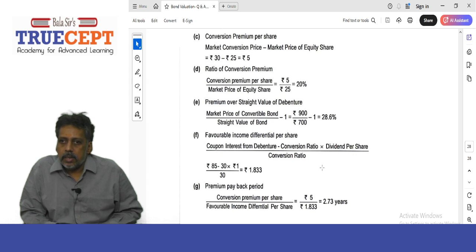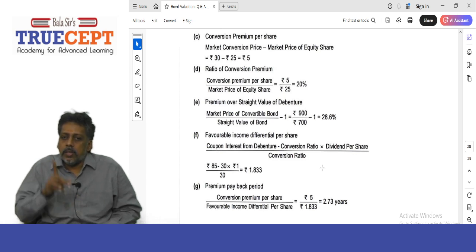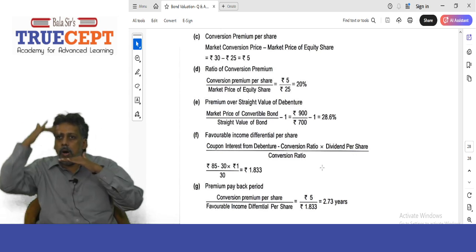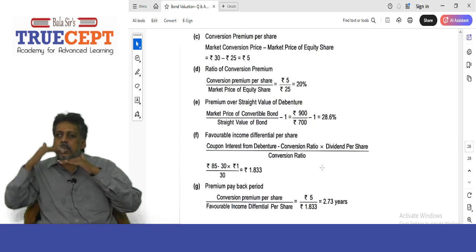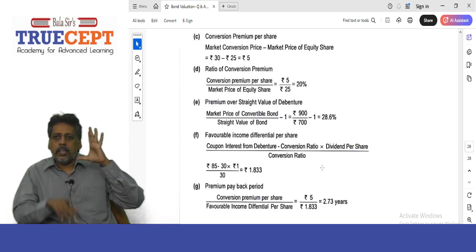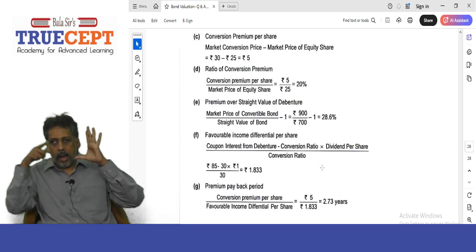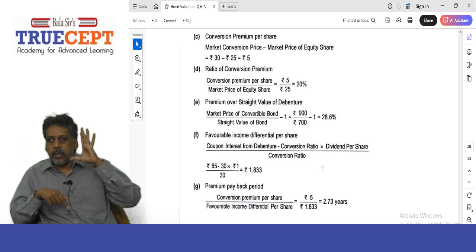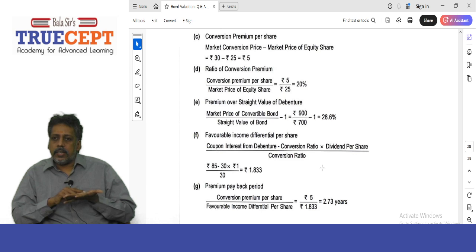What is that? Downside risk, because the bond's worth cannot go below how much? 700. So in case, let us say, for example, Renuka, let's say the company shares after redemption. Yes, sir. Suppose the company shares are trading at, let's say, rupees 20. Yes.